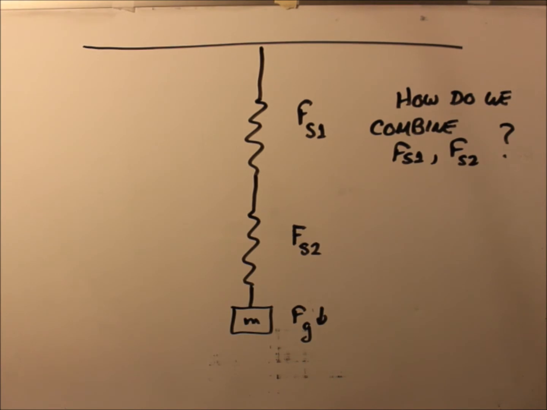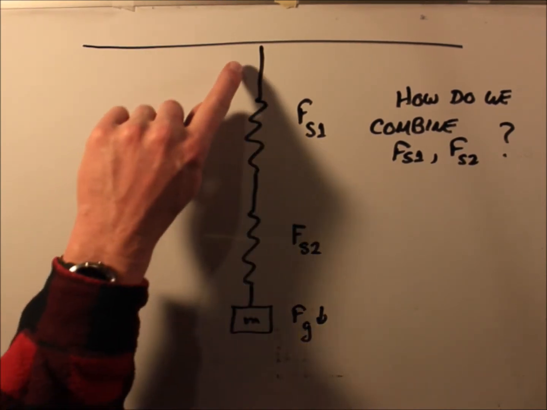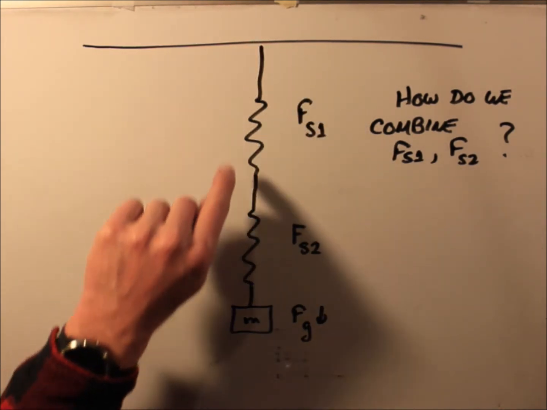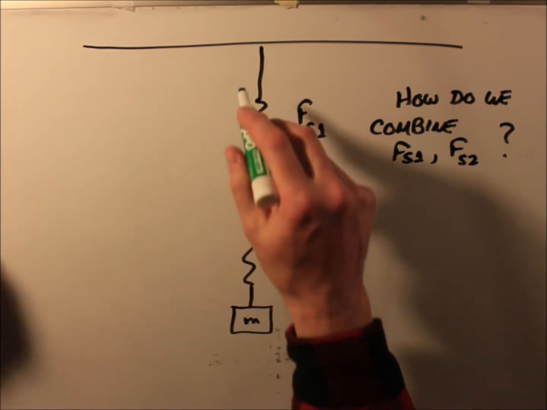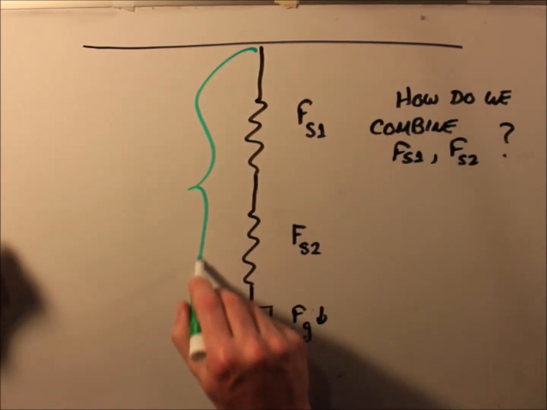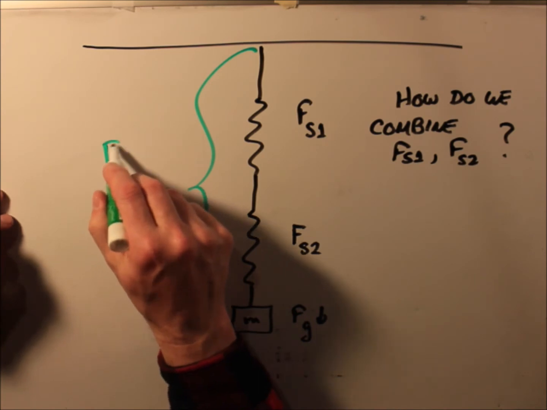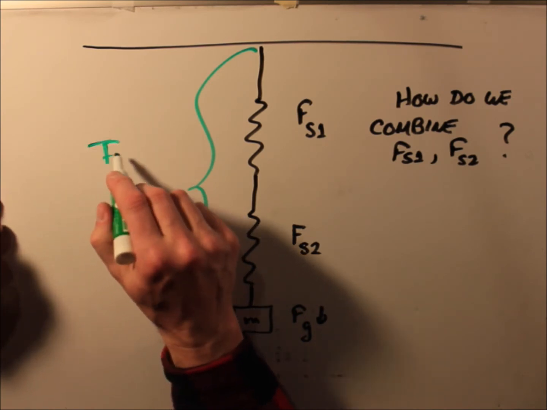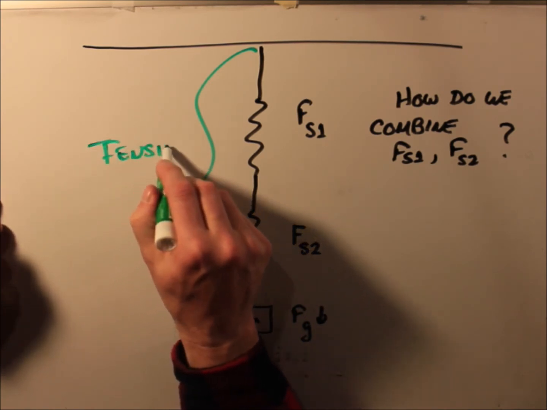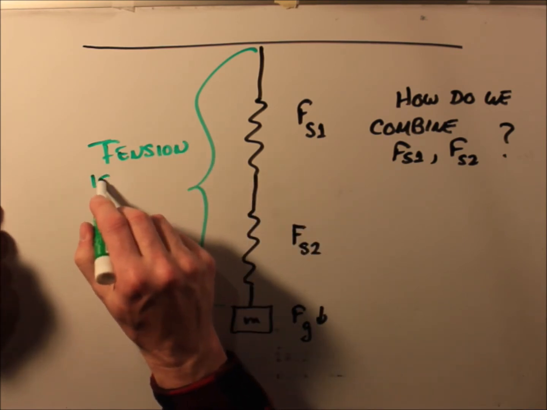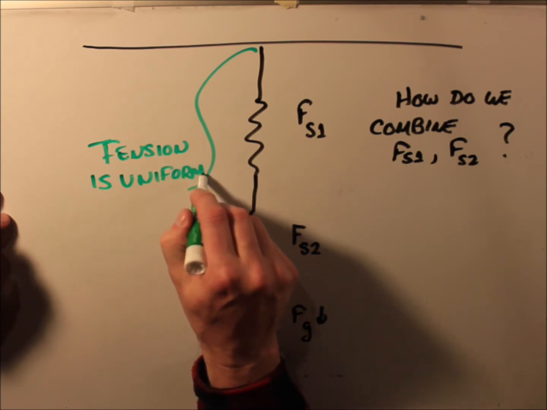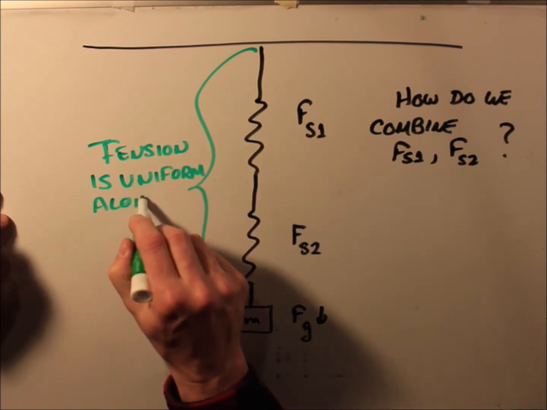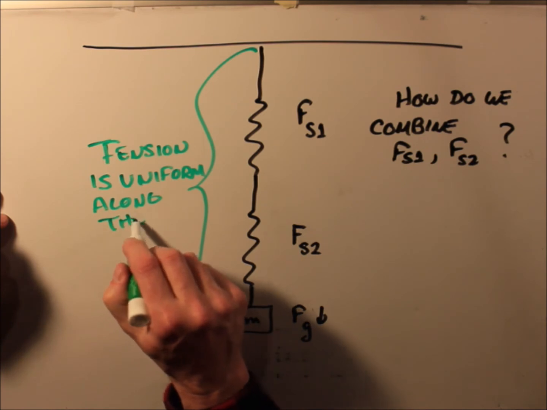Now, let's think about what happens here. First off, we know that the tension, the pulling force from the top of the bar through to the mass, is the same all the way through. Okay, so we're going to take this and say that the tension force is uniform along the cable.